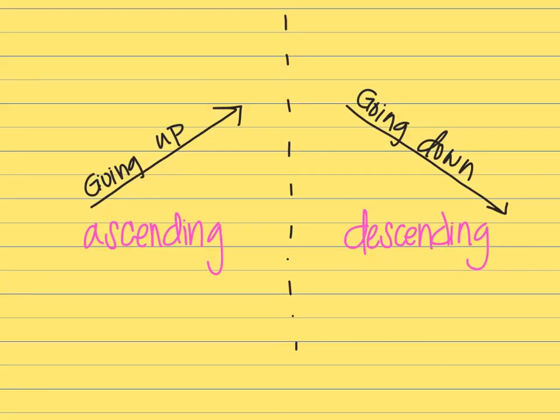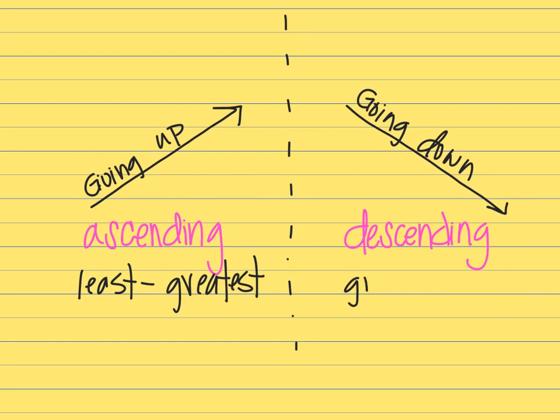The last thing I need to make sure you know are these two vocabulary words, ascending and descending. Ascending means you're starting at the bottom and you're going up. That's the same thing as saying least to greatest. And descending means you're starting up top and going down.